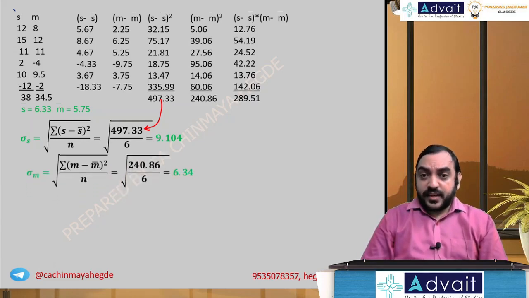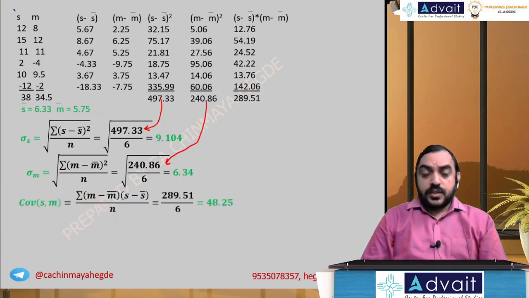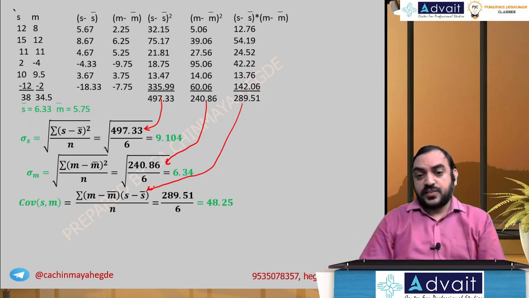Standard deviation of market: summation M minus M bar whole square, which is 240.86, divided by 6, number of years, you get 6.34. Then covariance: summation M minus M bar into S minus S bar, the product of deviations, divided by n, that is 6, you get 48.25.